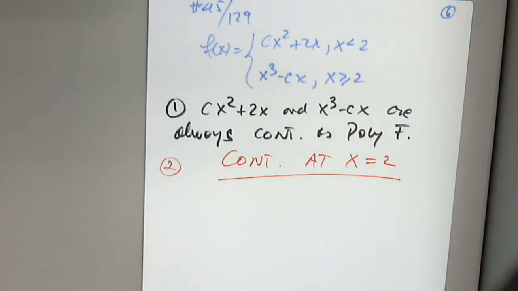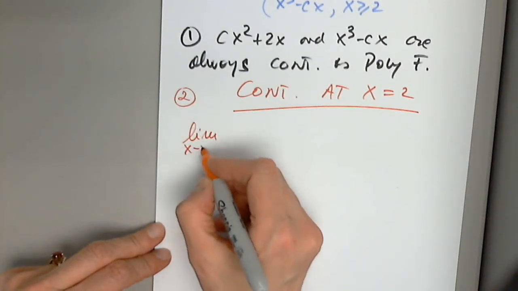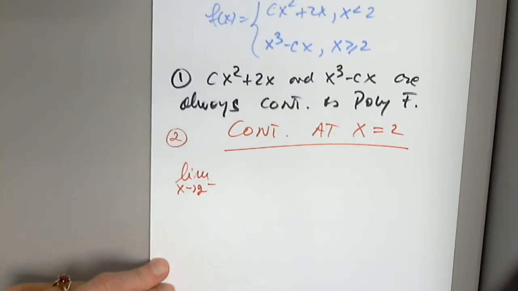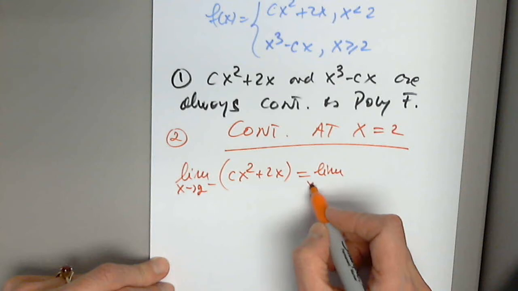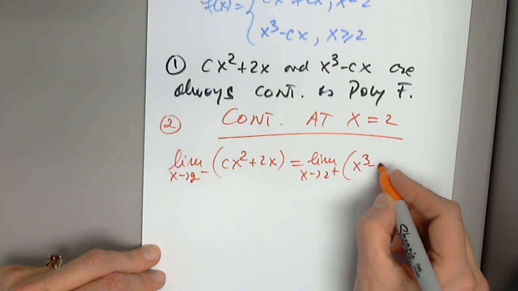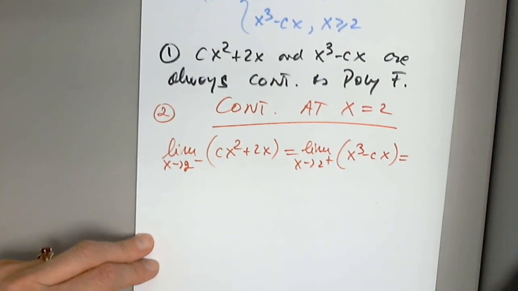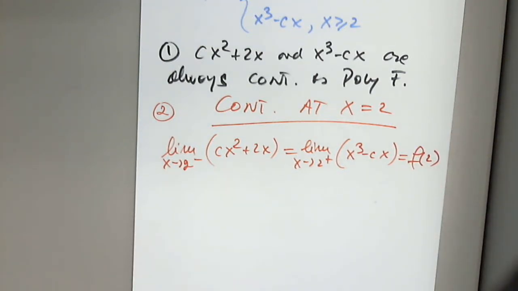Excellent. What has to happen at x equals 2 in order to make f of x continuous everywhere? Both sides would be the same. Yes, I have to write it though as 3 different pieces. So limit as x approaches 2 from the left, from which branch? cx squared plus 2x must equal limit as x approaches 2 from the right, x cubed minus cx, and must equal f of 2.